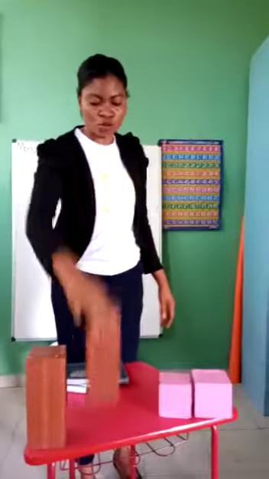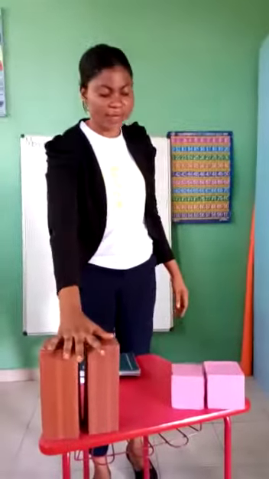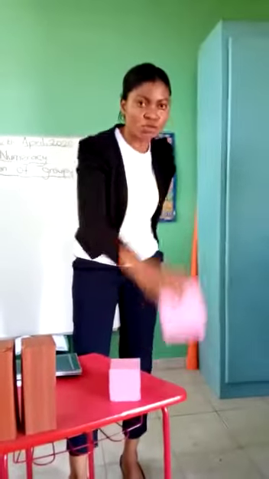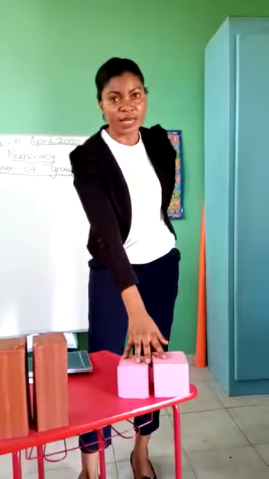So let's count this. 1, 2. So it means we have 2 objects here. Let's count this one. 1, 2. How many objects do we have here? 2.